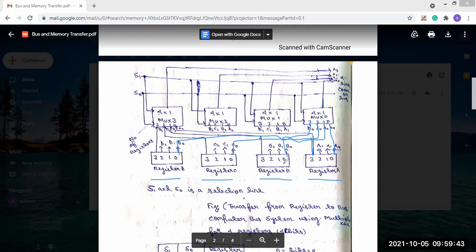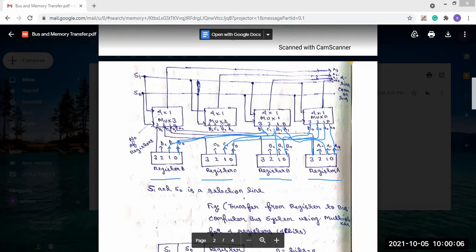Same as that, in this multiplexer, A1 will be 1 input, then B1, then C1, and D1 will be the other input. So for this multiplexer, the inputs will be A1, B1, C1 and D1.